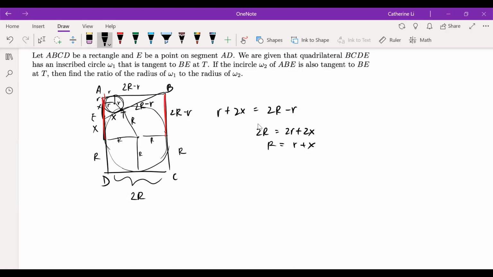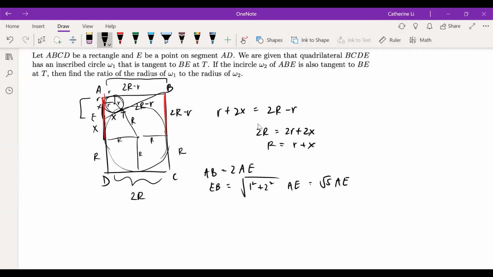And what that gives us is that we see AE is equal to r plus x and AB equals big R, which just means that AB is equal to 2AE. So then EB is equal to square root 1 squared plus 2 squared times AE. So root 5 AE.